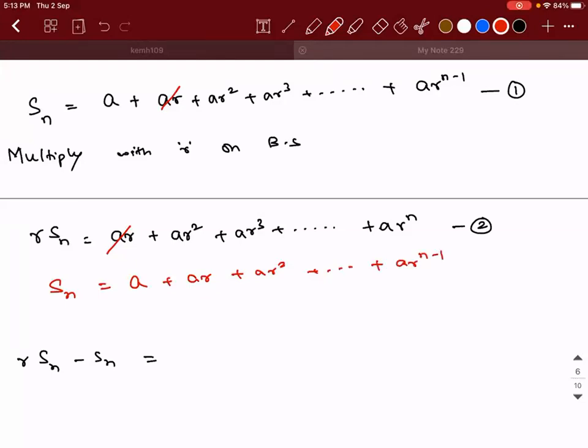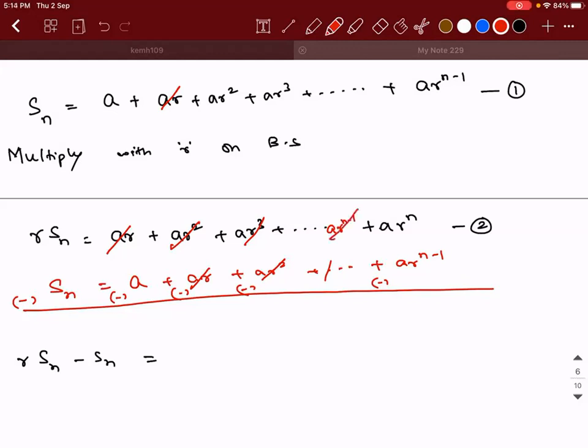So when I subtract both, what will happen? AR will cancel with this AR, AR square and AR square, AR cube and AR cube, till what? AR power n minus 1 and AR power n minus 1 will get cancelled.